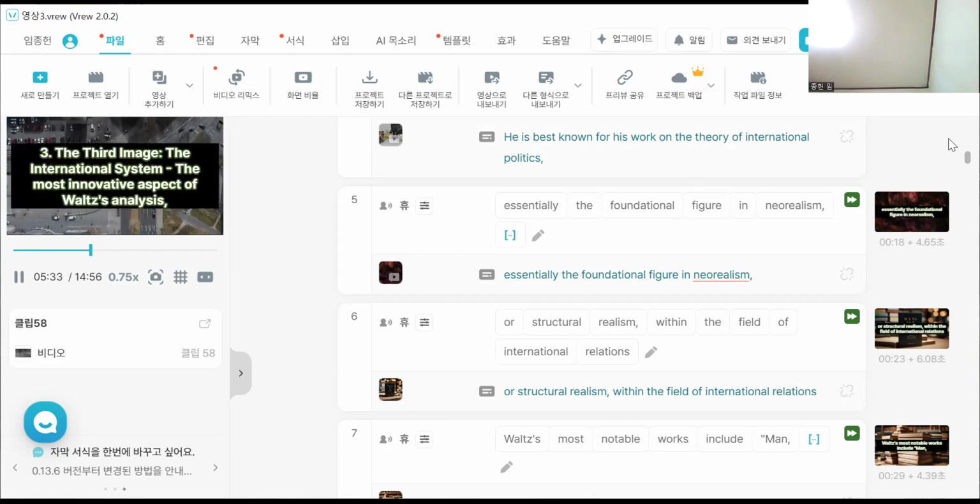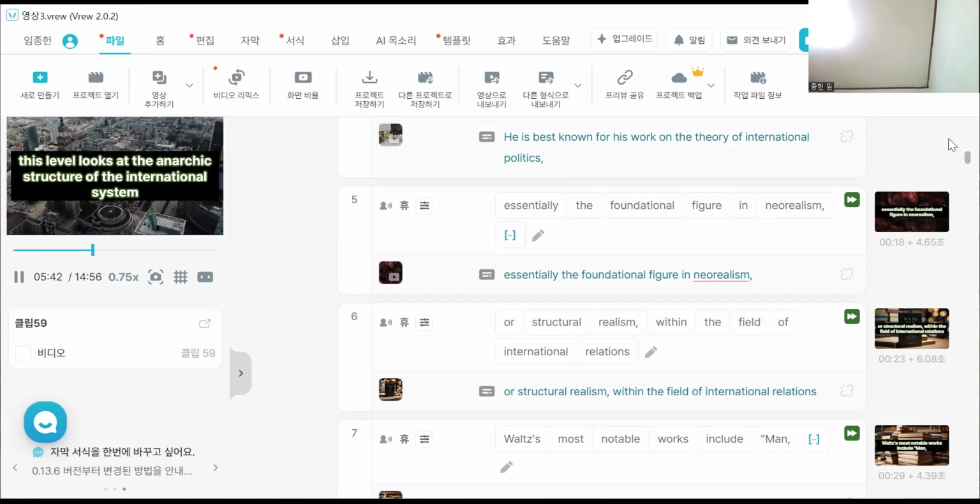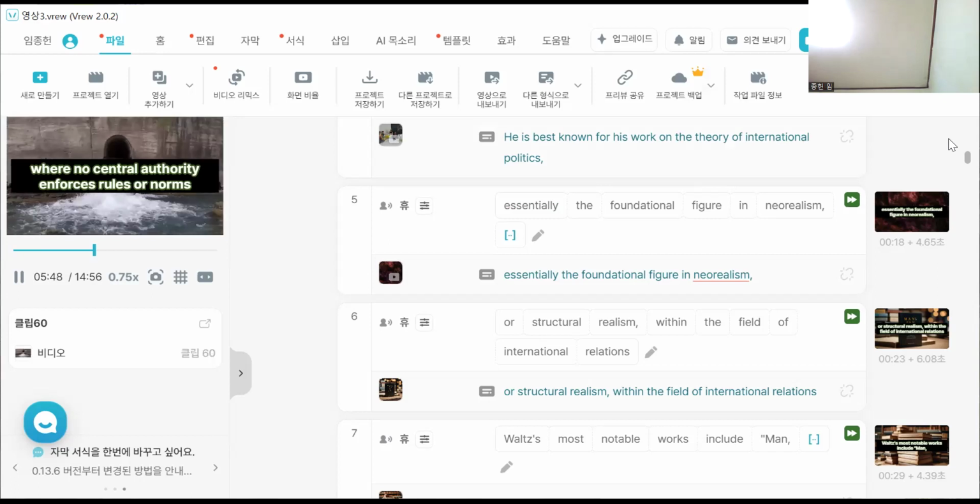3. The third image, the international system. The most innovative aspect of Waltz's analysis. This level looks at the anarchic structure of the international system, where no central authority enforces rules or norms.